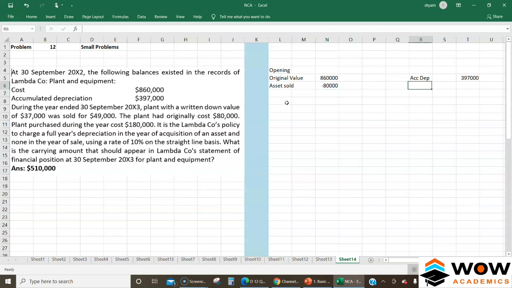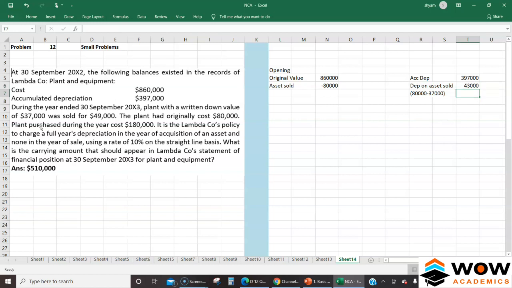And the depreciation on the asset sold was the difference between 80 and 37. Originally it was 80,000 and its carrying value now is 37. So the difference between the two is the depreciation. So 43,000 is the depreciation.